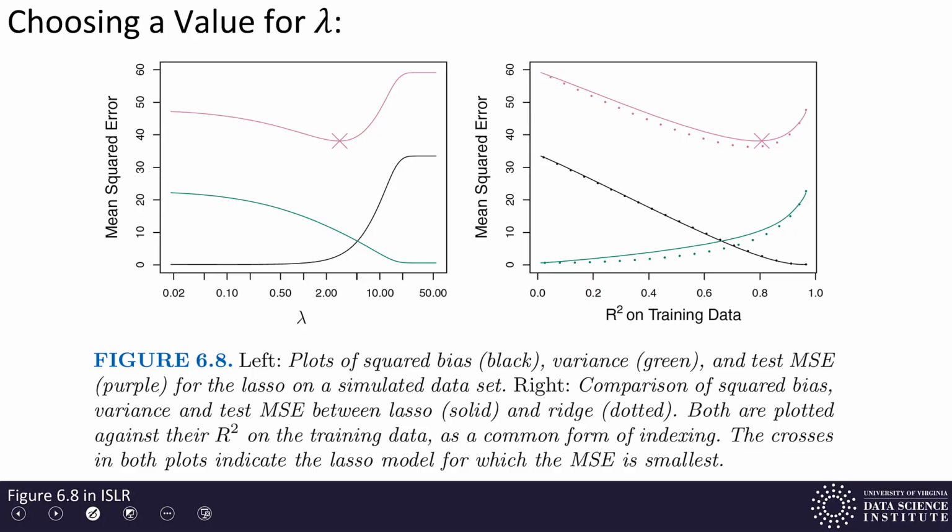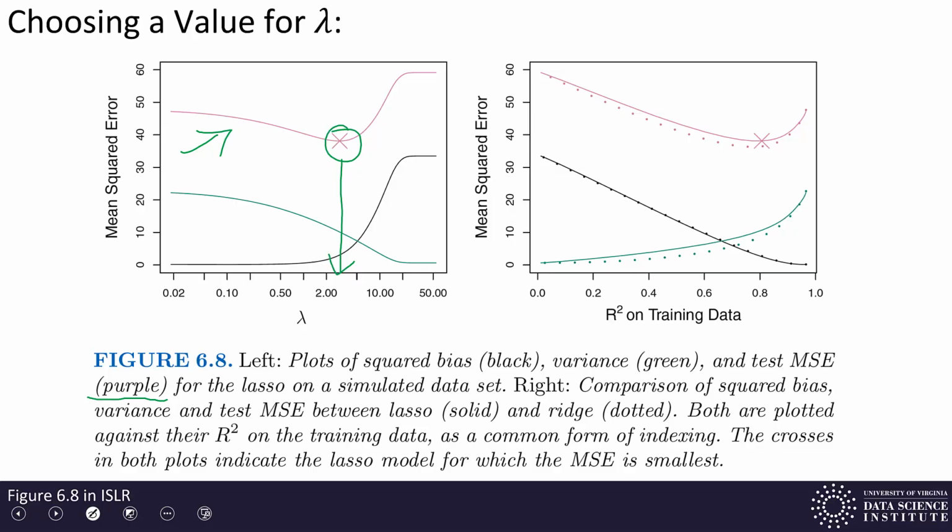And so this curve here that is reddish colored, this is the textbook figure 6.8. They call it purple. I don't know, it looks raspberry to me or maybe lavender, but okay, whichever. But that curve is the test mean squared error, and then this point that's marked with an X on the curve is where we get minimum error, and then we would pick lambda to be whatever the value is that's right below that.